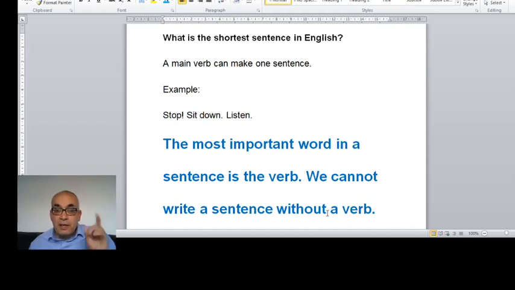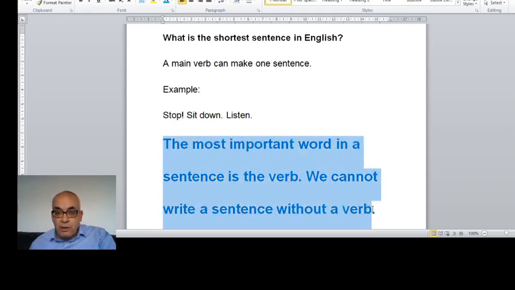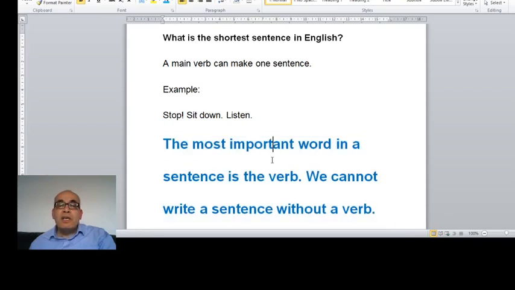And as I said, one verb can make a sentence. And this is the shortest sentence in English. So again, you have to learn this by heart. As I said, close your eyes. The most important word in a sentence is the verb. We cannot write a sentence without a verb.